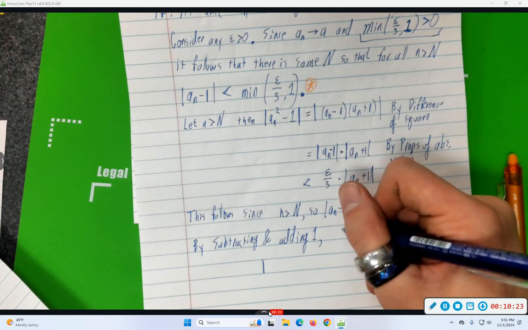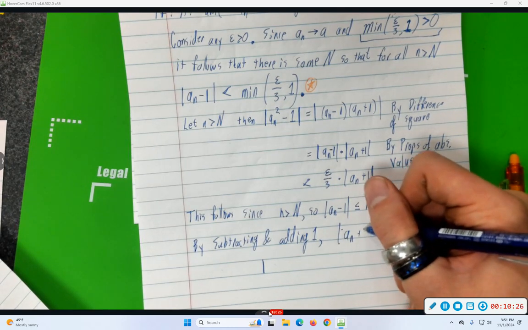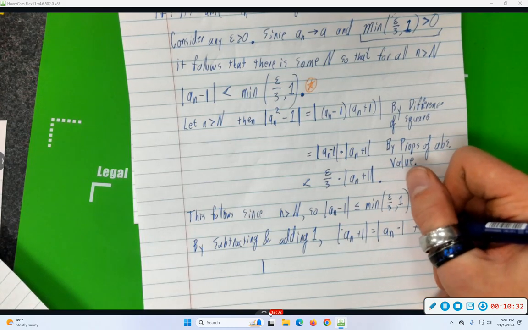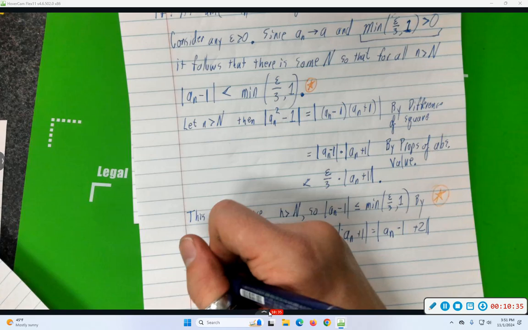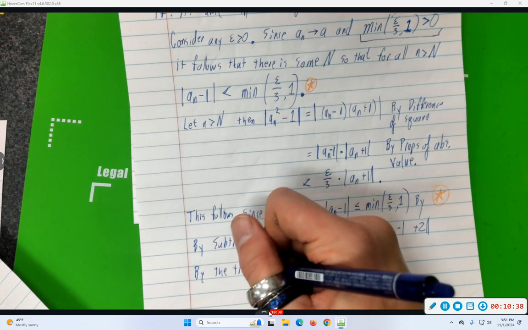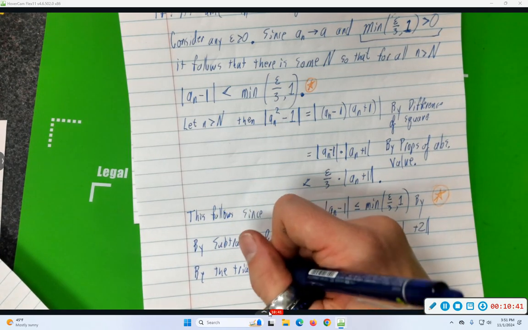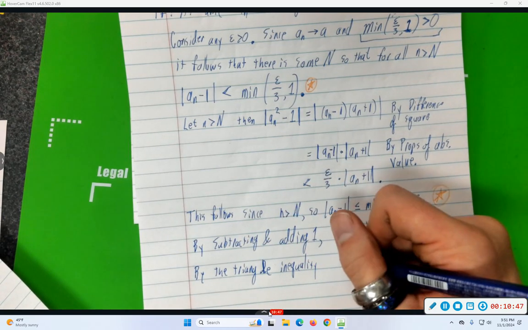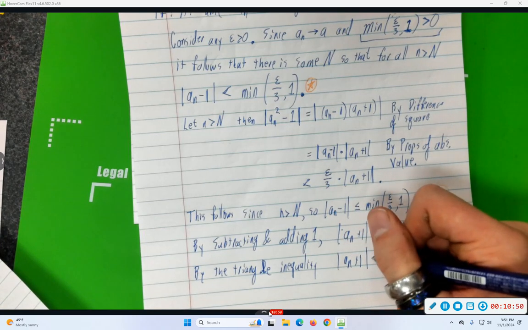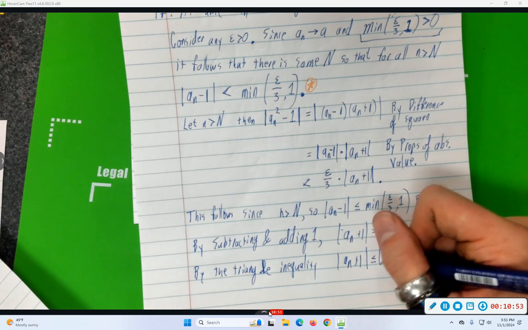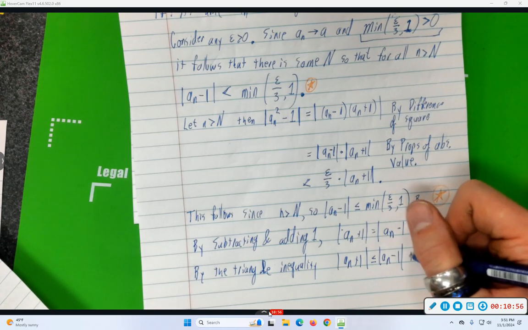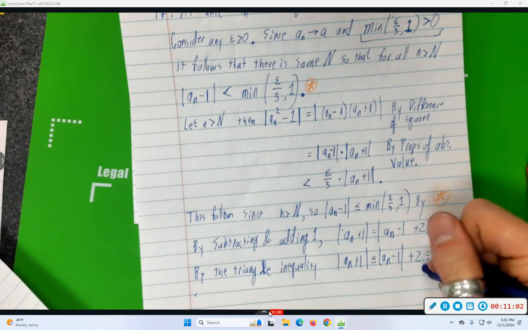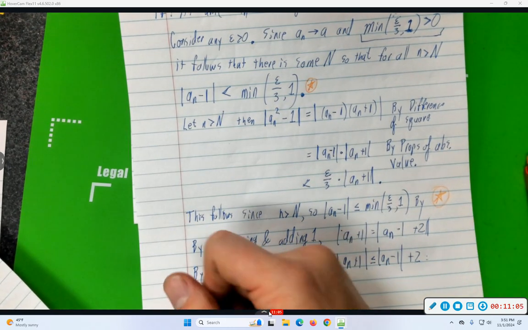We get that the absolute value of a_n plus 1 is equal to the absolute value of (a_n minus 1) plus 2, and by the triangle inequality, the absolute value of a_n plus 1 is less than or equal to the absolute value of a_n minus 1 plus 2, and that's less than or equal to 3. Well, maybe I'll put that on its own separate line.